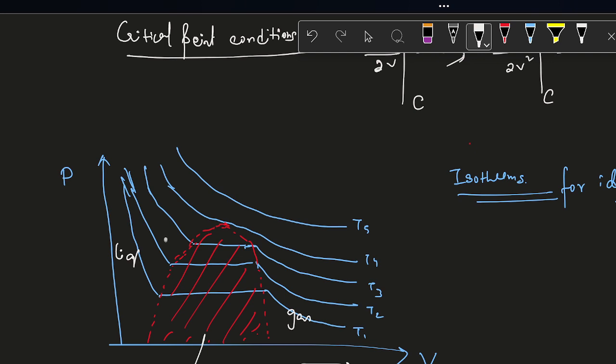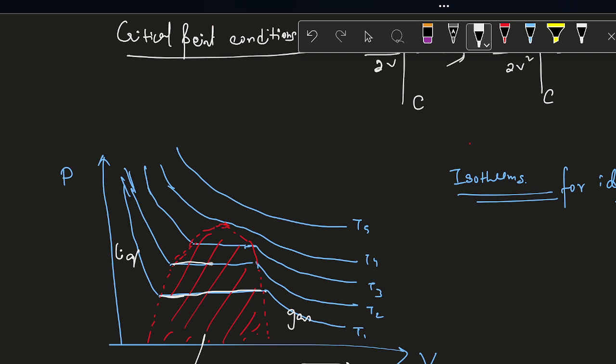For an ideal gas, when it is making a phase transition from liquid to gas phase, in between there will be a regime where it will have an equilibrium coexistence of the liquid and gas phase, and that regime will have a behavior like this, as if this is a constant line and then again it falls down. Then again it goes like that.